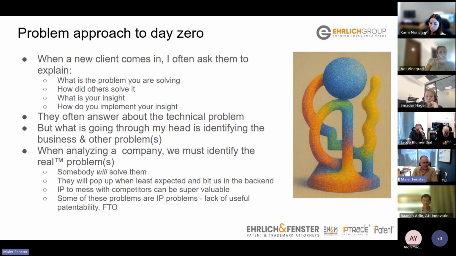Why is it so important? Because these other problems, these real problems, will be solved by somebody. And if they're not solved by you and that somebody gets IP, it's going to be unpleasant. And these problems will come up, and they might come up just before an investor agrees to give money.